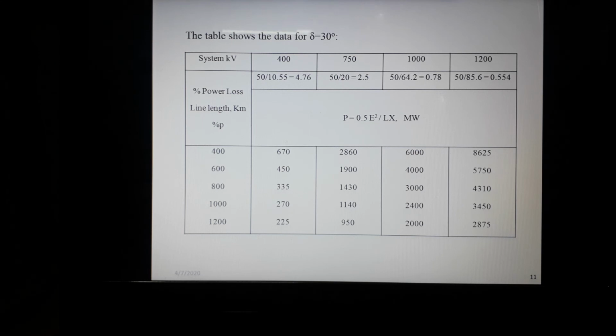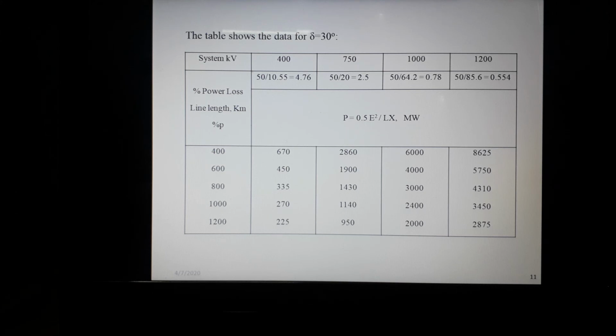The percentage power loss is given as 4.76 for 400 kV, for 750 kV it is equal to 2.5, for 1000 kV it is equal to 0.78, and 1200 kV it is equal to 0.554. It is indicating that the percentage power loss is reduced as the system voltage increases.